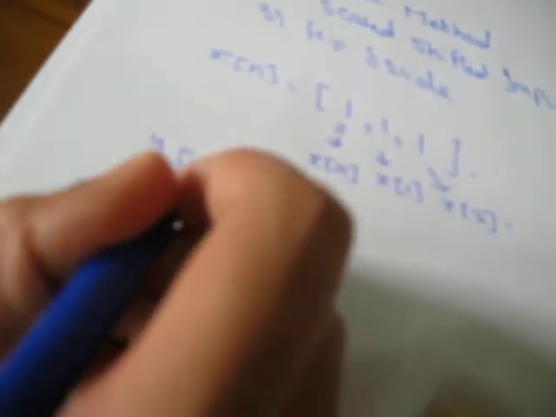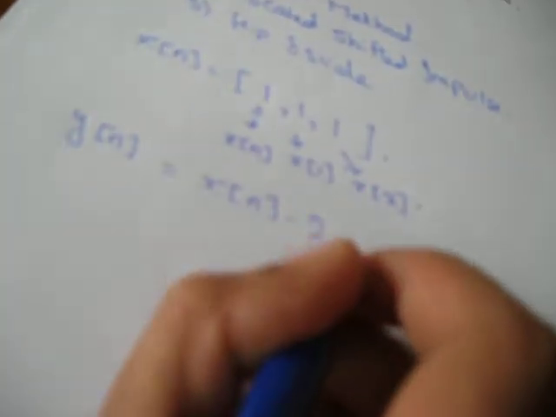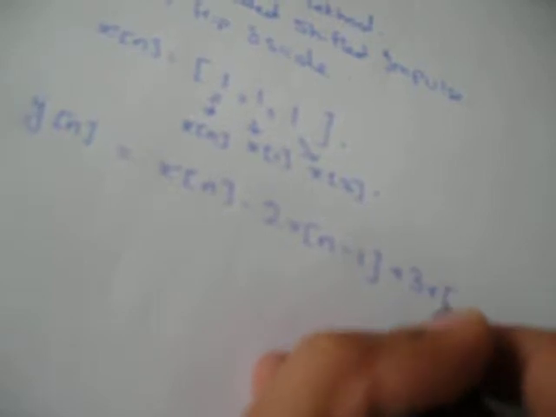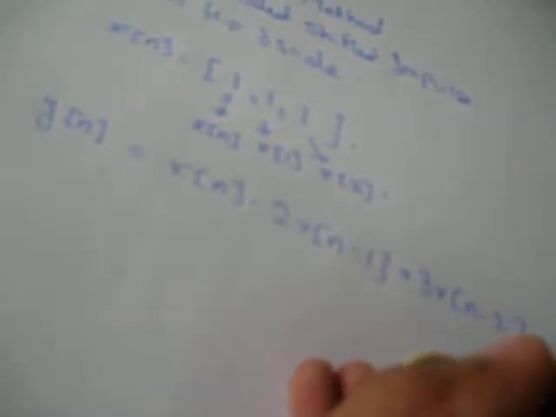Now when we pass this signal through a system, we get output y of n, which is equal to x of n minus 2 x of n minus 1 plus 3 x of n minus 2.